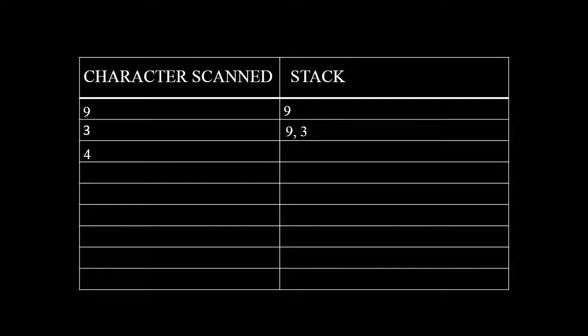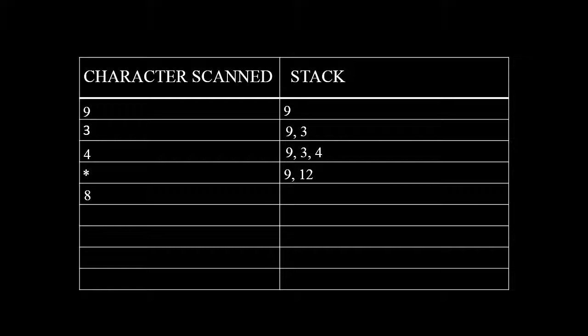Then 4 is encountered, so it is also pushed on the stack. Now multiply comes. As multiply is an operator, the top two values, that is 4 and 3, are popped from the stack and multiply is applied on 3 and 4. 3 into 4 is equal to 12. So 12 is pushed on the stack.